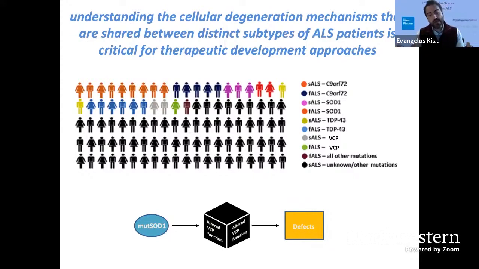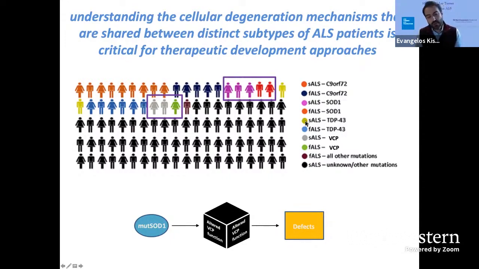Now, why is this important? Well, if you think about the overall ALS population, as I mentioned, the overwhelming majority is of a sporadic nature. These different color people here represent different familial or genetic subtypes of ALS. And our work has clearly shown that there is a potential interaction between these patients here that suffer from SOD1 ALS and these patients here that suffer from VCP ALS.